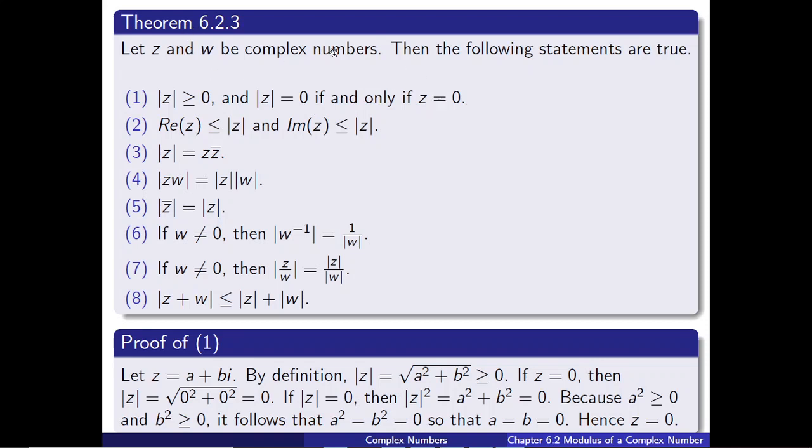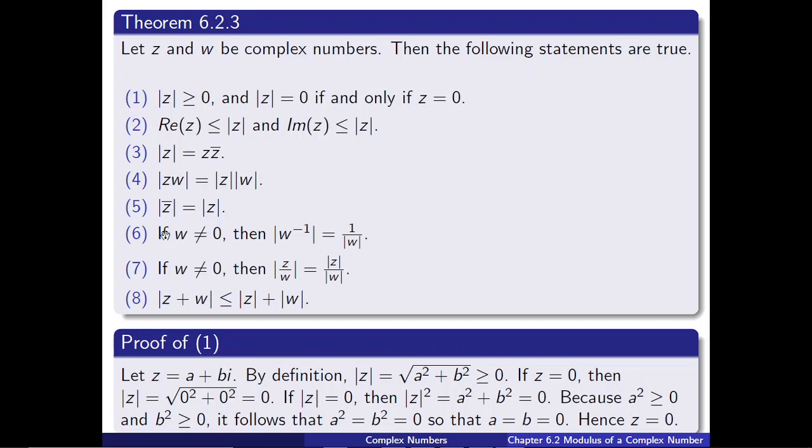We know that this property is satisfied by real numbers. Second, the real part of z is less than or equal to the modulus of z, and also the imaginary part is less than or equal to the modulus of z. Third, the modulus of z squared is equal to z times its conjugate. And number 4 says the modulus of the product of z and w is equal to the modulus of z times the modulus of w.